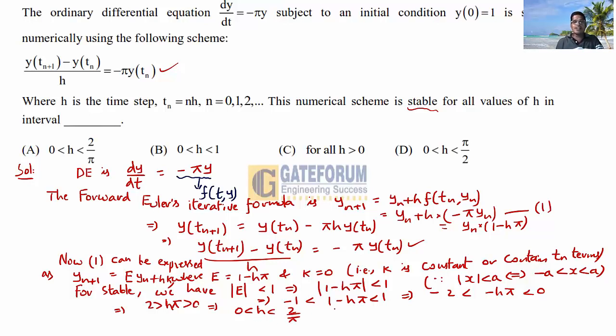This is the required interval for h for making the given numerical scheme stable. So 0 less than h less than 2 by pi is the answer, accordingly option A. This is the end of the question.